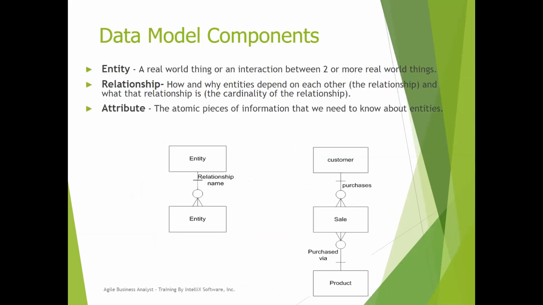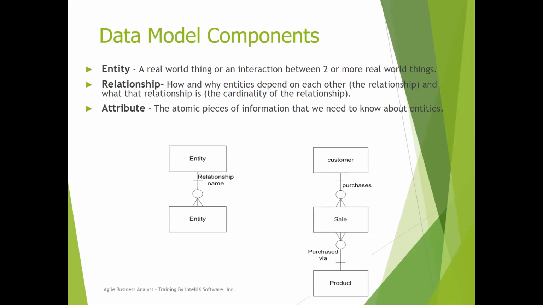Okay, so let's look at the quick data model components. There are 3 key things that you need to model when you're doing a business analysis for your data model. The first one is entity. An entity is something that you're trying to replicate as a real world object. In the example we're doing for customer creation, the customer becomes an entity.